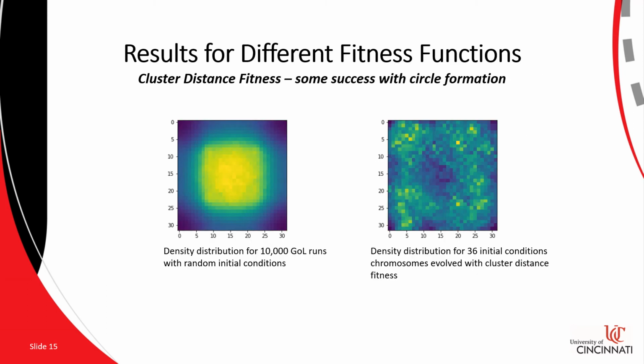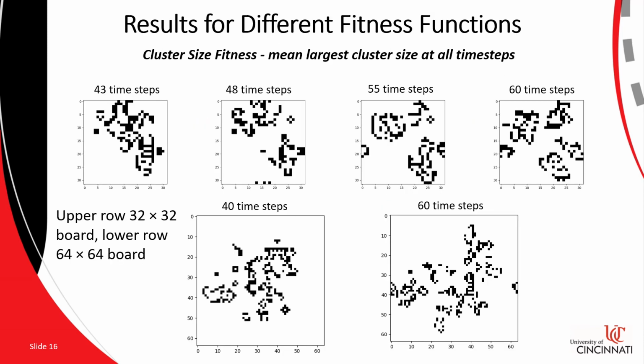We found that cluster distance fitness had success producing circle-like shapes. On the right is the density distribution produced by cluster distance fitness, and on the left is the density distribution produced by random initial conditions. As you can see, it's almost an inversion.